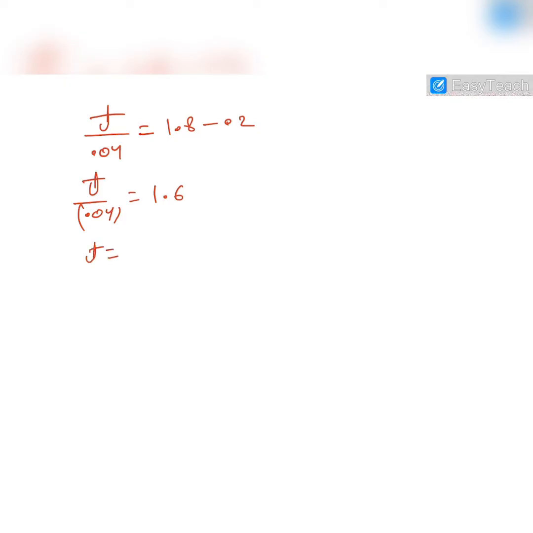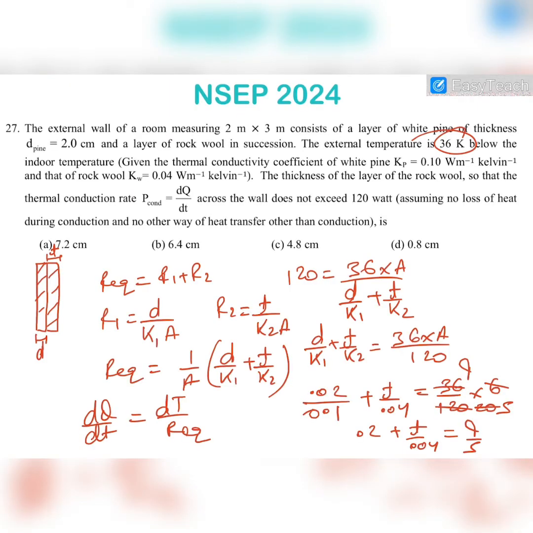So T will be 16 into 4 into 10 raised to the power minus 3, which is 0.064 meters. In centimeters it would be 6.4 centimeters. So the correct answer is B.